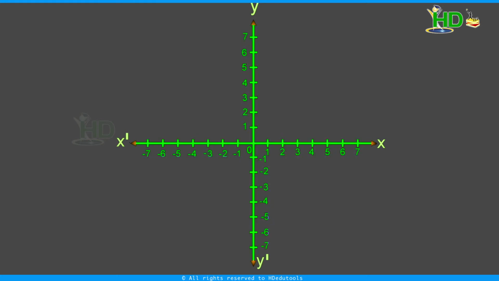I am taking these two number lines perpendicular to each other. These perpendicular lines may be in any direction as shown in the figure. But when we choose these two lines to locate a point in a plane, for the sake of convenience, we take one horizontal and another vertical, as we see in the figure. Now this is the horizontal number line and this is the vertical number line. The point of intersection of these two number lines is called the origin.